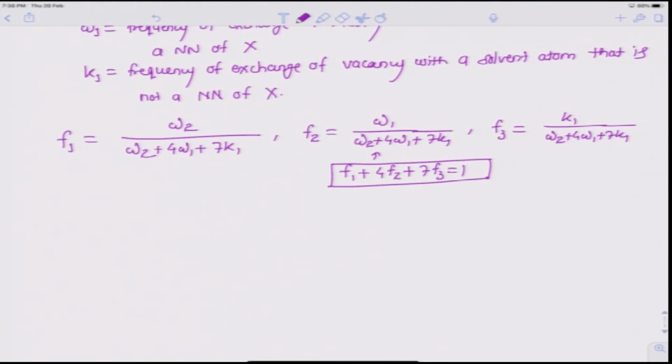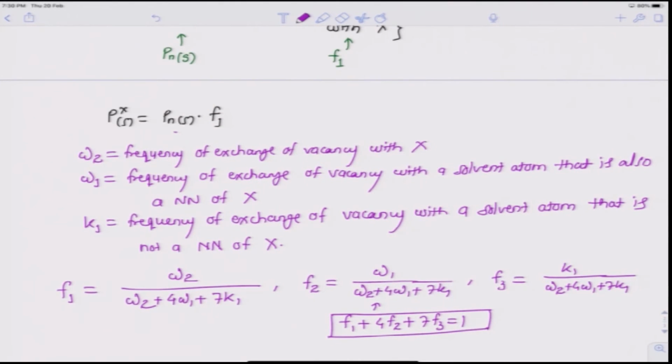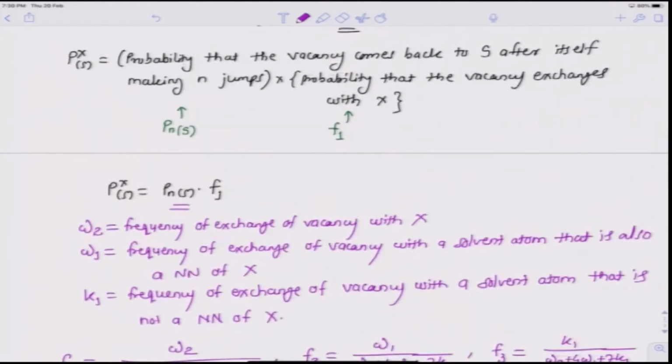Now, once we define this, let us come back to evaluation of the second factor here, that is P n S. P n S is again the probability that the vacancy comes back to S after itself making n jumps.